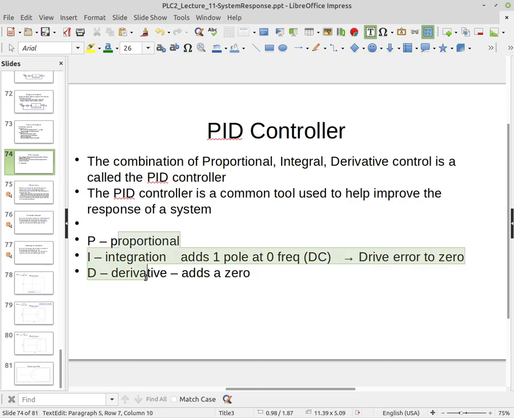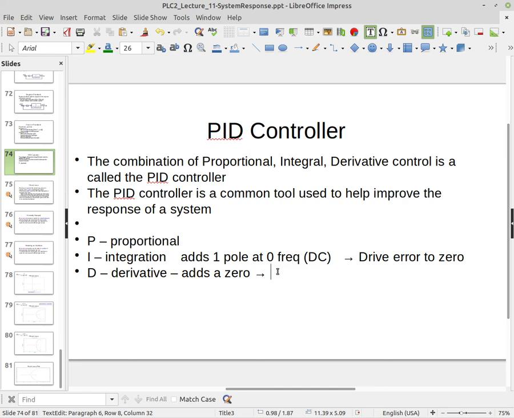What this does to the system is it tries to interpret and predict how the system is going to change and control it, and basically it tries to decrease oscillations.